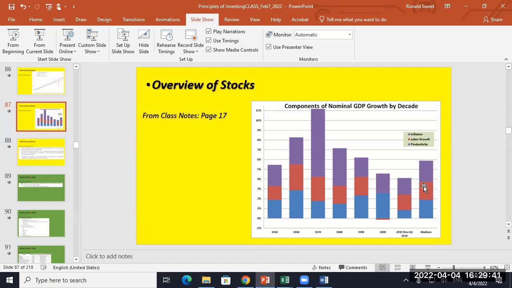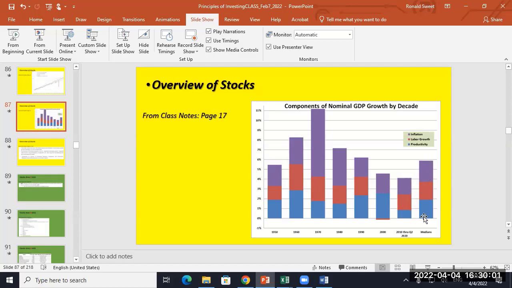You look over time, our real GDP growth has been about 2%, equally split between productivity growth and labor growth. But we also know a lot of women joined the workforce in the 60s and the 70s, and we had the baby boomers and all that. So labor growth is going to be a lot tougher going forward.